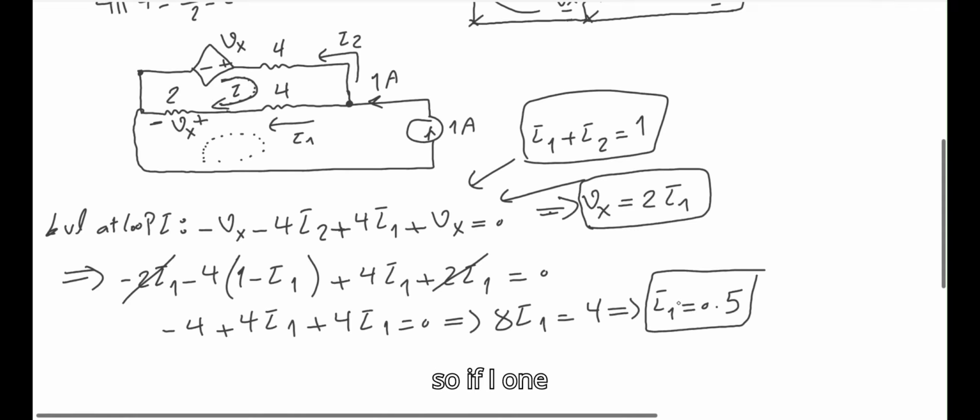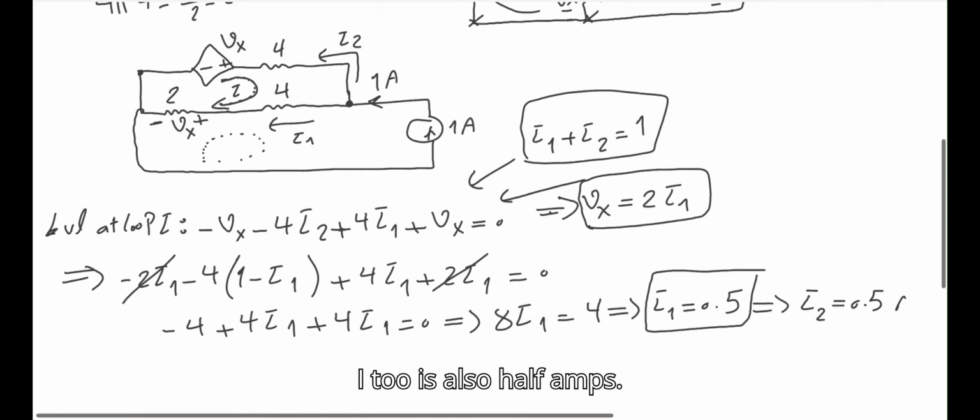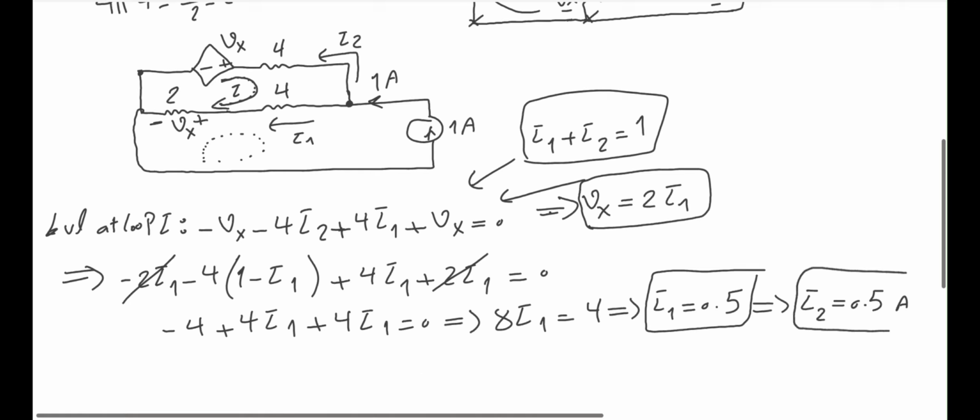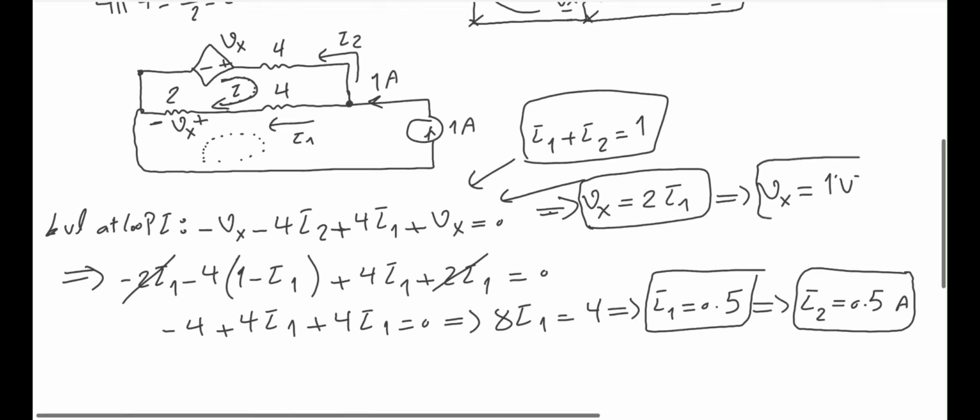So if I1 is half, from here I can just conclude that I2 is also half an amp. And then Vx is just 2 times I1. So Vx is 2 times half, which means Vx is 1 volt.